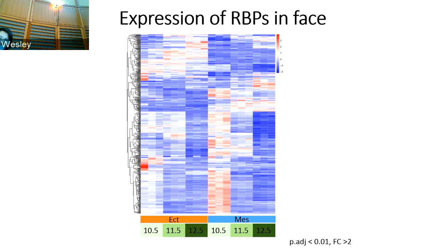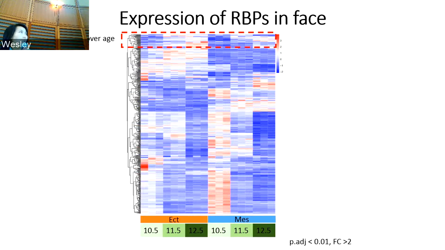My second part is about the regulators of the alternative splicing in the face. To get an idea for that, we started by looking at the expression levels of all the intron binding proteins in the face.